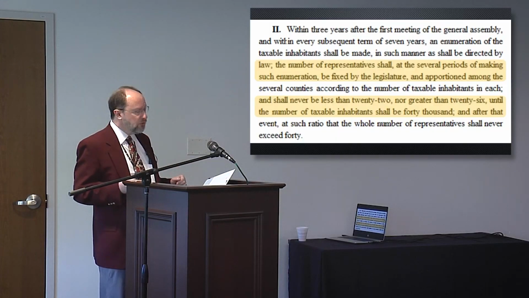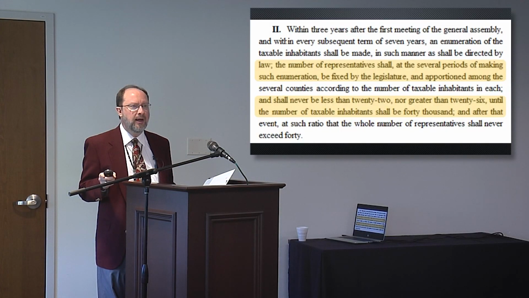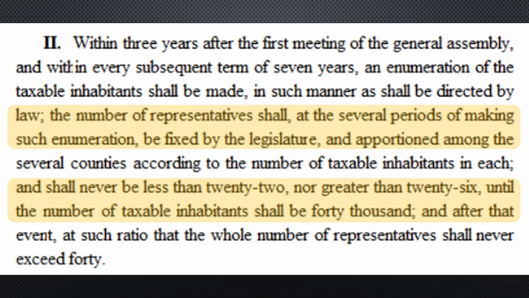Because the Constitution of 1796 declared that the number of representatives shall be fixed by the legislature, never fewer than 22, but never more than 26 representatives until the number of taxable inhabitants, the landowners of the state, hit 40,000, and then never more than 40 representatives.